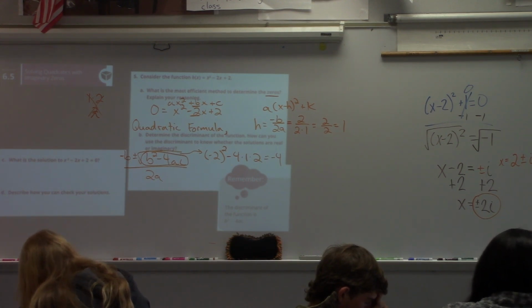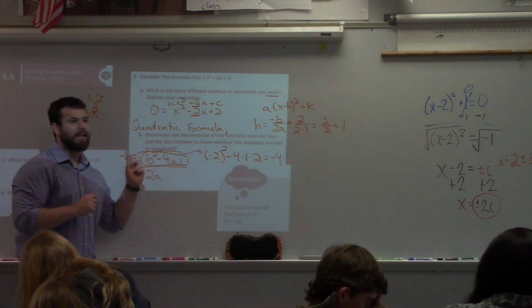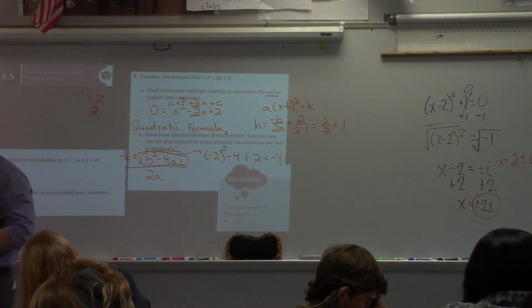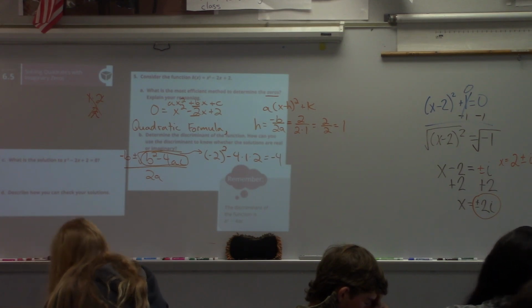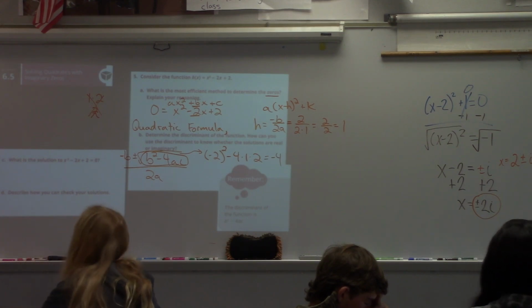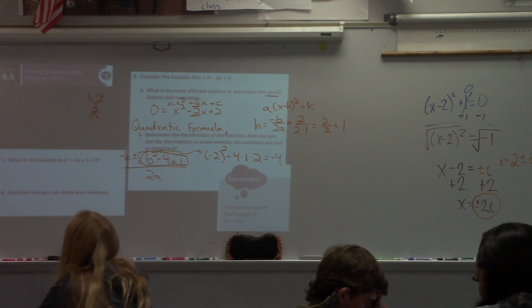Alright, so here's the thing I want you to think about. That discriminant, that radicand is negative 4. So that means I get the square root of negative 4, which tells me I have what type of zeros? If I get the square root of a negative, that's imaginary. That's the whole point.